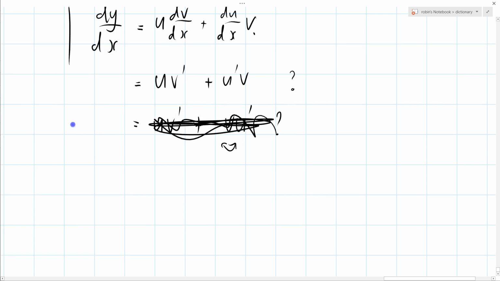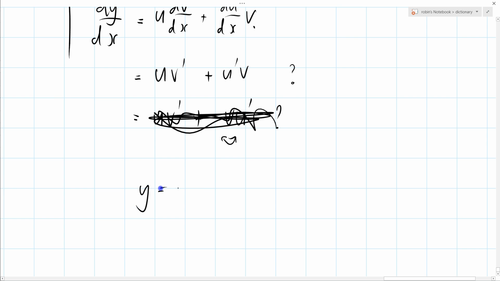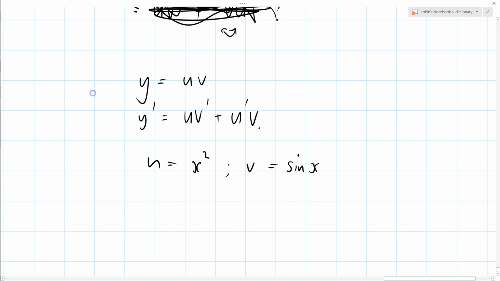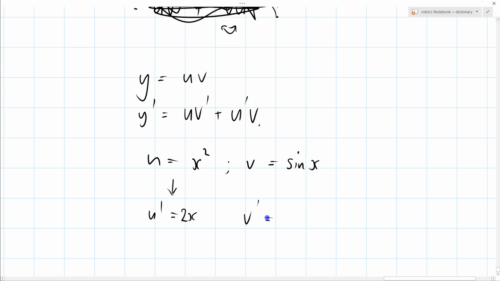So let's apply it now. y equals uv, so y dash equals uv dash plus u dash v. And in this case, u equals x squared and v equals sine x. And of course we can differentiate those two dead easy. u dash is just 2x and v dash is just cos x.